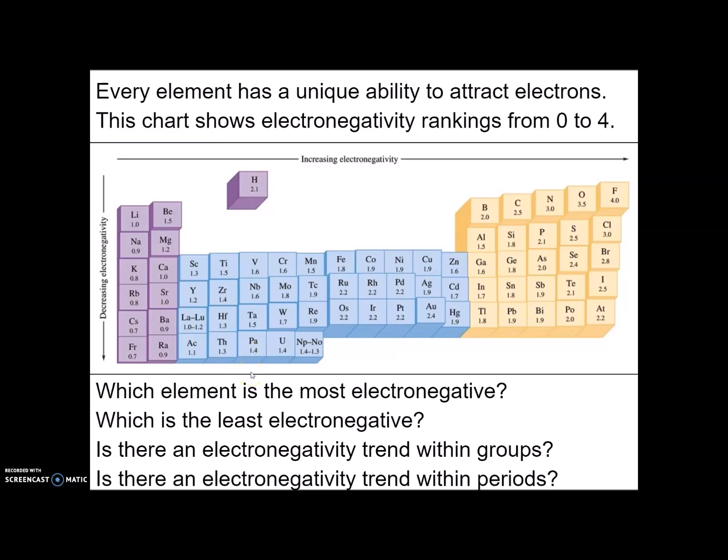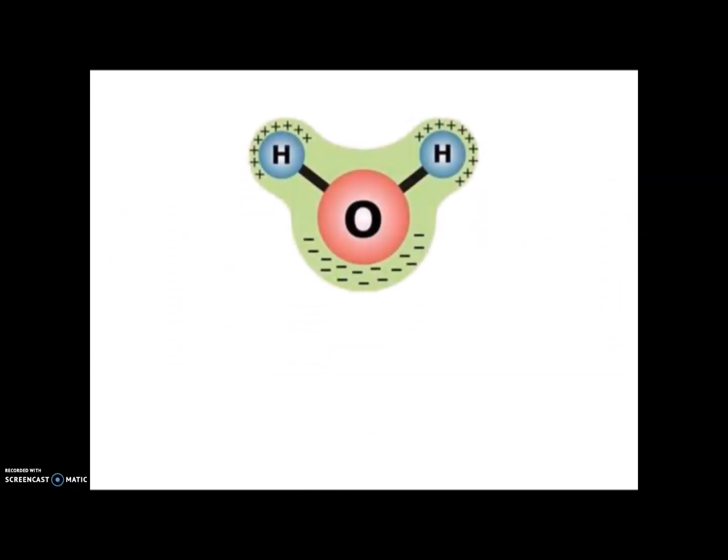Let's consider water, H2O. Now, oxygen is one of the four very electronegative elements. It's the O in FONCl. And on the periodic table, oxygen is directly next to fluorine. So oxygen is one of the most electronegative atoms out there.